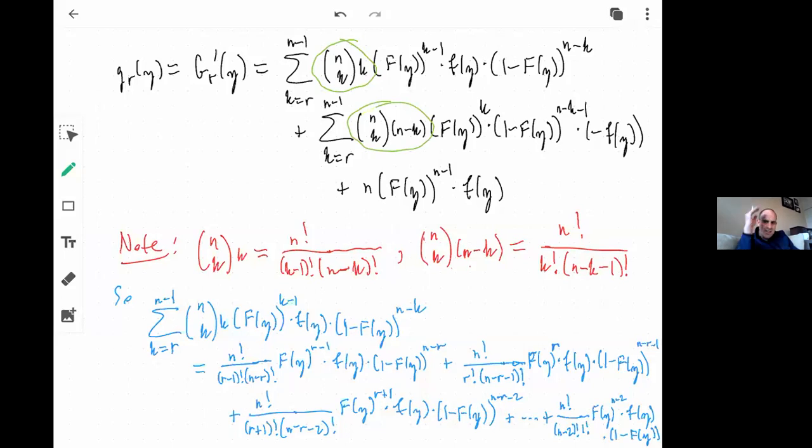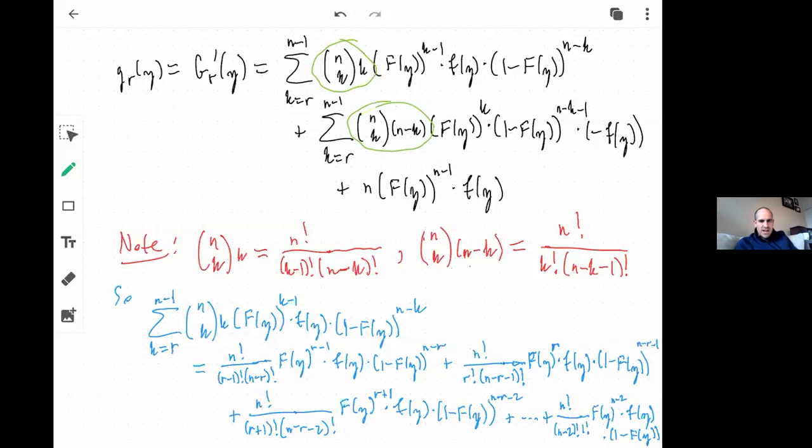Okay, and incidentally, k is in a range where there's no funny business going on. K is not like 0 or something like that. K is bigger than or equal to 1, because remember, R is the Rth order statistic, and k is less than n. Okay, so there's no funny business going on here. N minus k is at least 1, and k itself is at least 1.